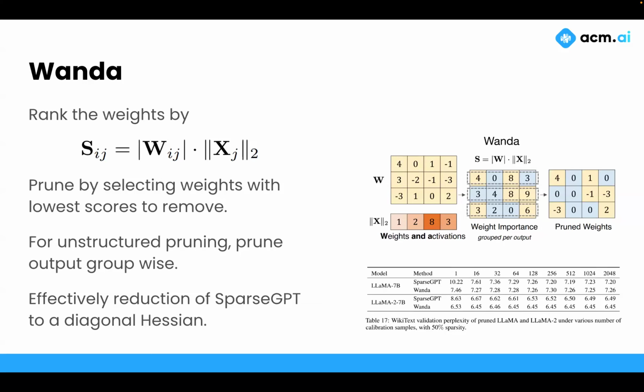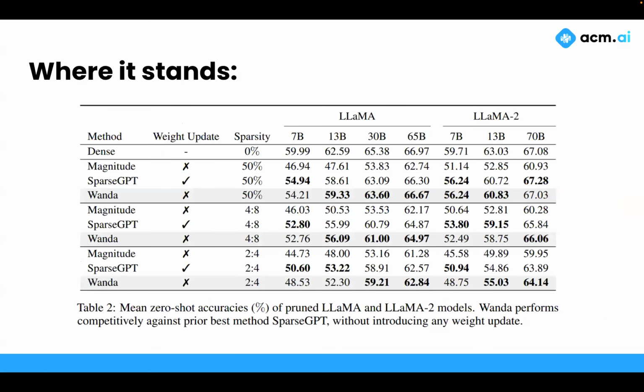An additional benefit of that is, because we don't rely on computing the whole entire Hessian, we have a significantly lower dependence on the number of calibration samples we have to sample, which makes pruning a much better thing. But you can see, this is zero shot.